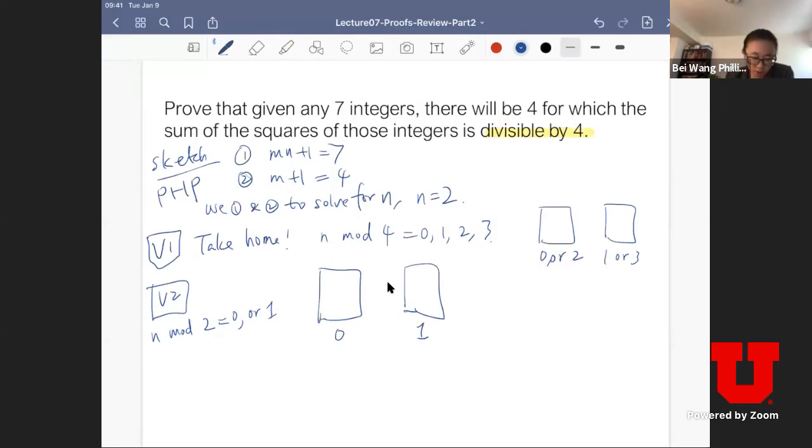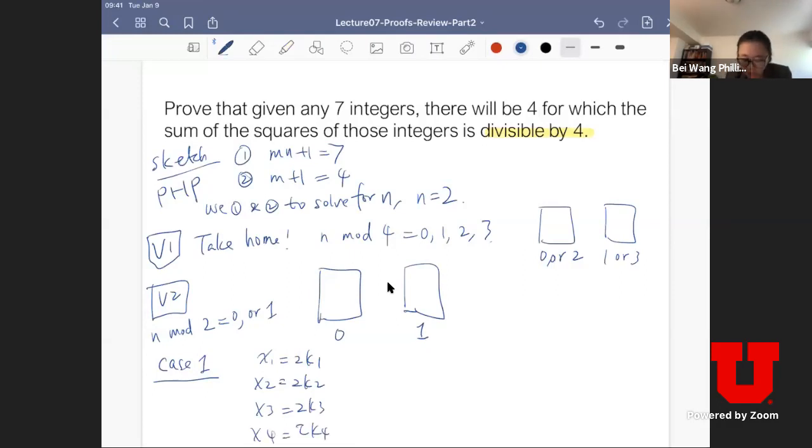So what do we do now? We assume there are integers that fall into the first container or the second container. So I have 2 cases. Case number 1 is when all 4 numbers fall into the first container. Let's say those 4 numbers are x1 is equal to 2k1, x2 is equal to 2k2, x3 is equal to 2k3, and x4 is equal to 2k4.